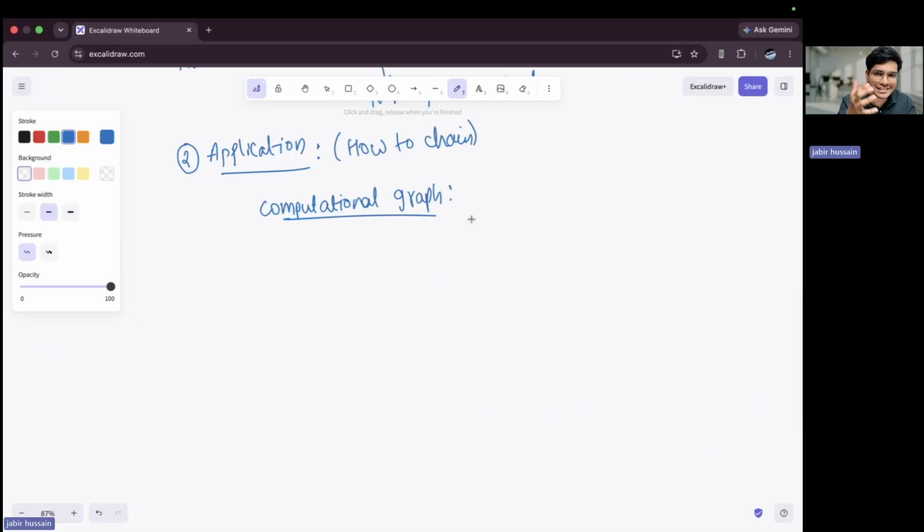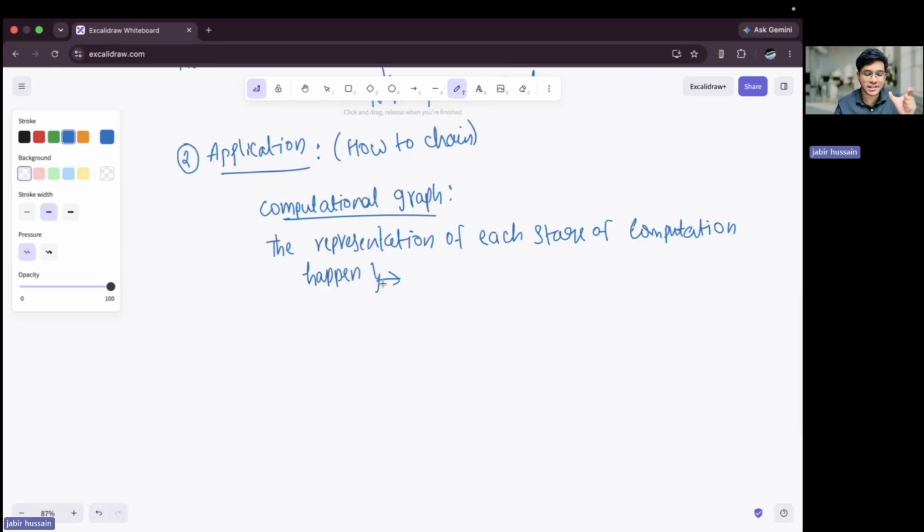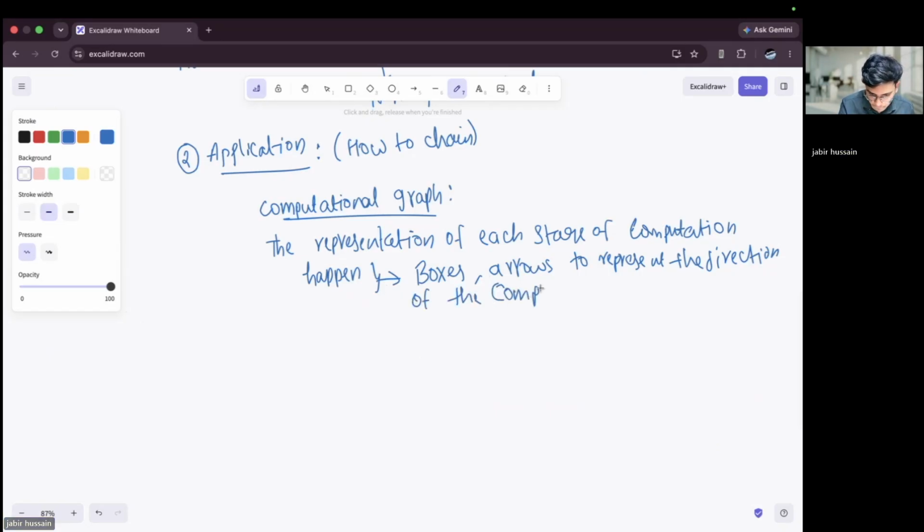Now if you represent these different operations as single stages, the representation of each stage of computation happening, in terms of boxes, with arrows used to represent the direction of the computation of the neuron, we call this diagram a computational graph.